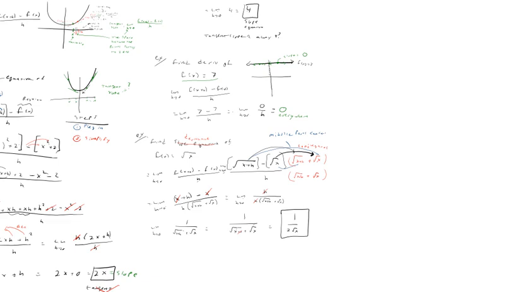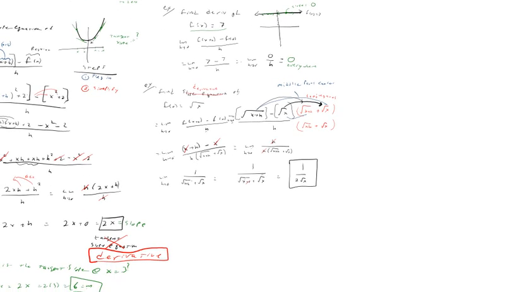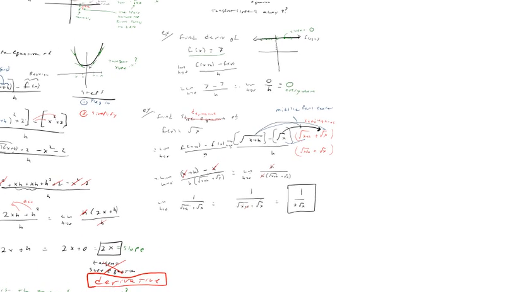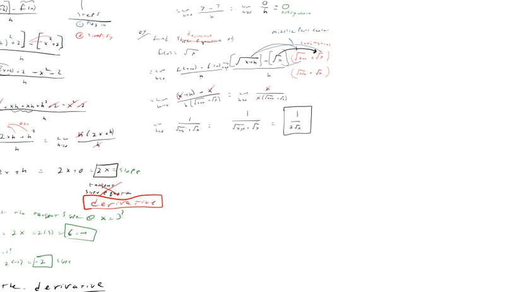So you're going to spend some time practicing these. Your homework, which is going to be due next week, out of the book, page 107, numbers 15 through 27 odd. It's like 6 problems.